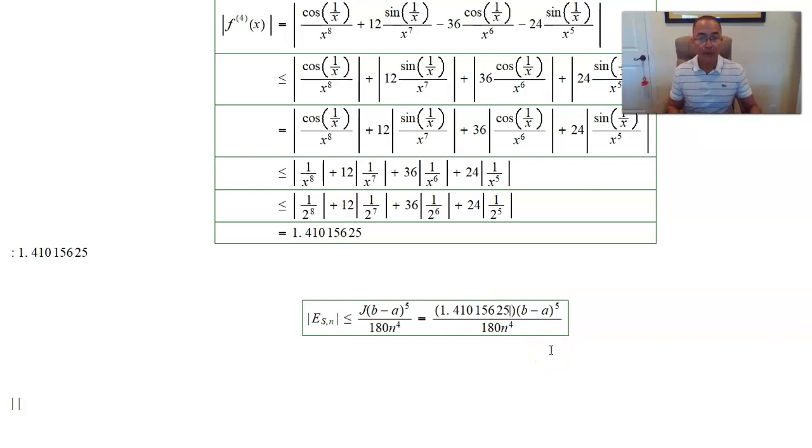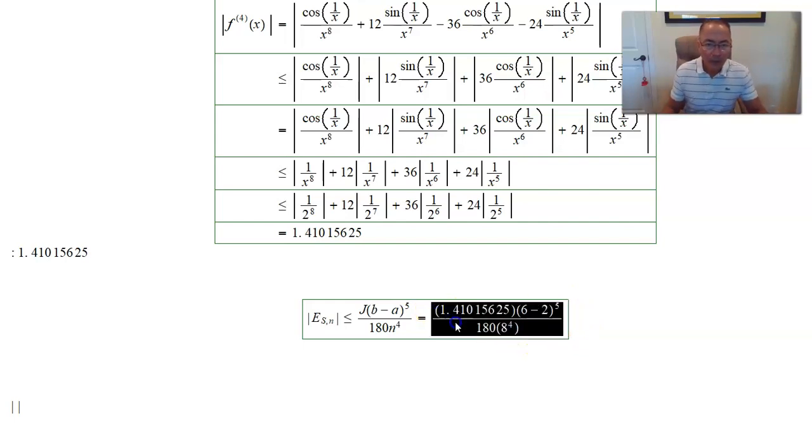Same domain, 2 to 6. So this is again 6 minus 2 to the 5th. And you might say, oh, that's much bigger now. Yeah, that's 5th power. But our m is 8 to the 4th power. So yeah, there is a fight going on here. That's a 5th. That's big. This is also big. So do we get a good error?